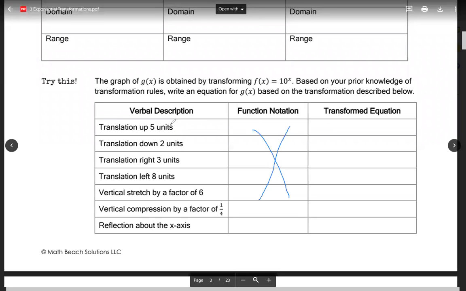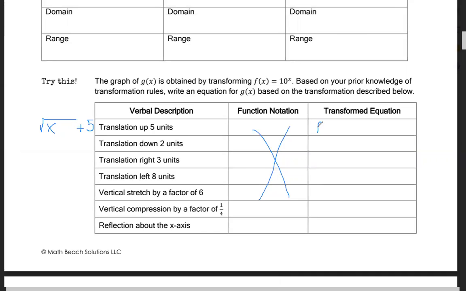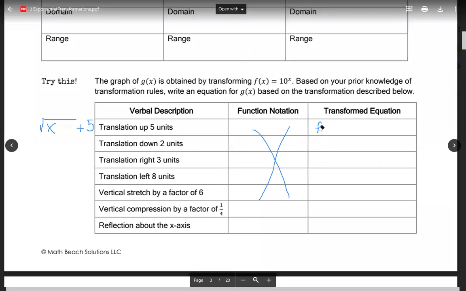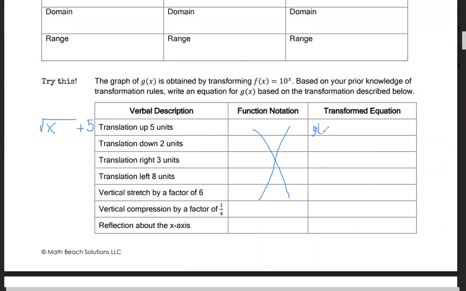So if we thought back, and if I looked at, I'm just going to use this for example, if I put a square root graph right here, and I put up 5, I would know that it goes outside the function with the plus sign. So the same idea here. If I have my equation, I'll go ahead and make it g of x. Just like we've done before, I write my base equation down, and it's 10 to the x.